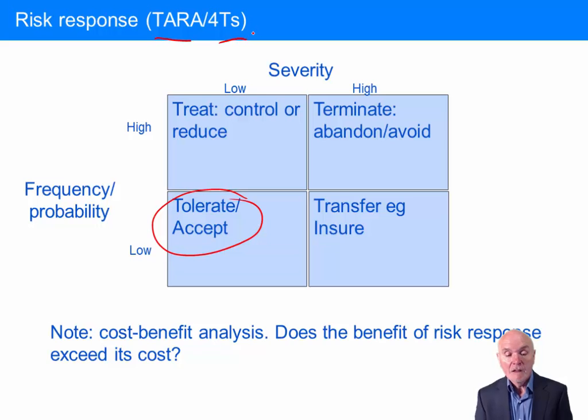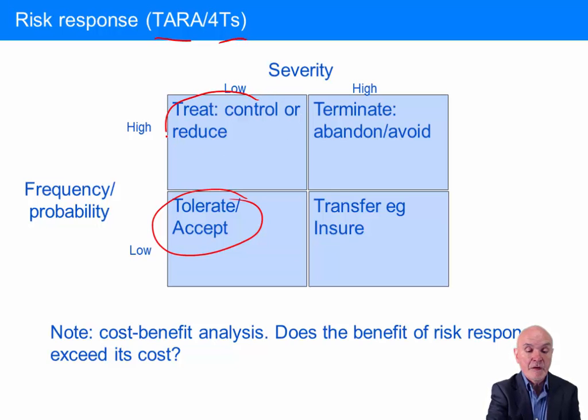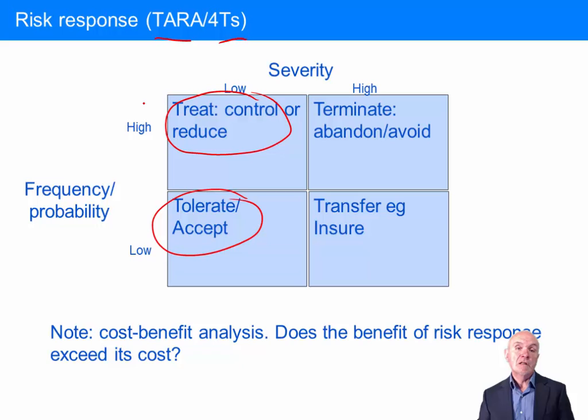Up here, we have fairly high frequency but relatively low severity. The example I gave for that was a loss of relatively low-level staff. So it happens a lot. It's relatively low severity, and what we would try is maybe to reduce it a little bit. It's still a bit of a nuisance. It's not deadly, but there is an expense involved in recruiting and training people.